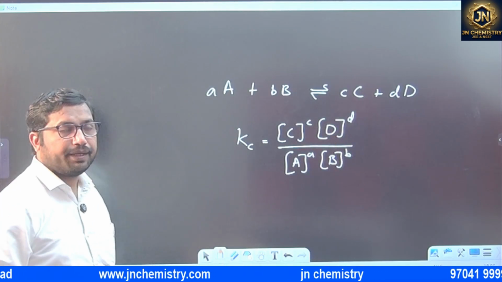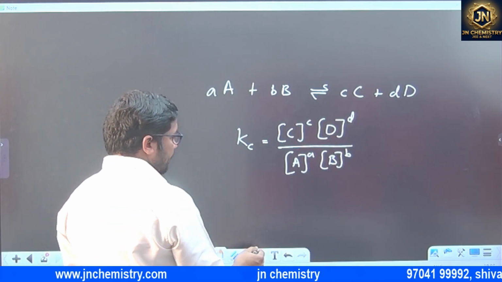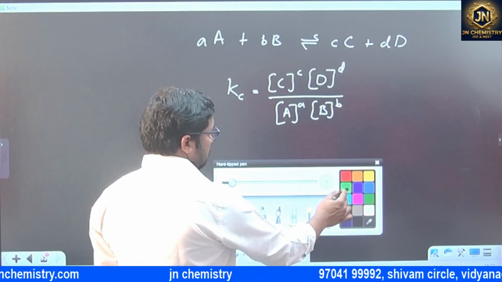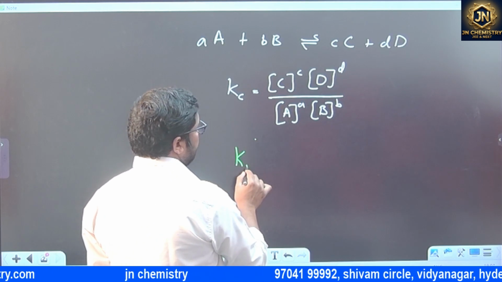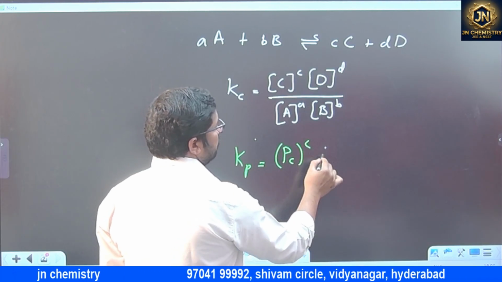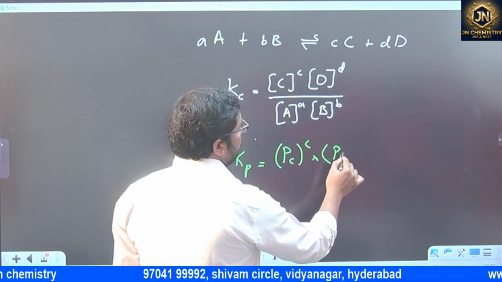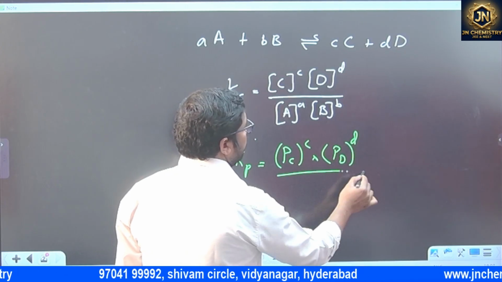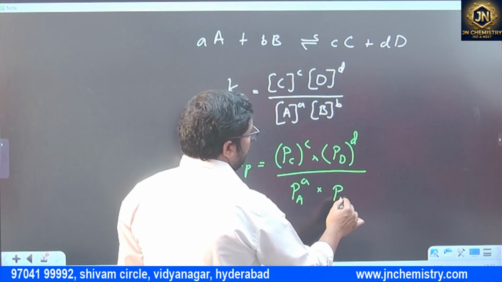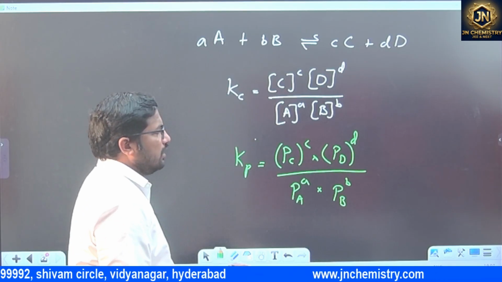How can we write the Kp? Kp is equal to P C power c into P D power d by P A power a into P B power b, like that.